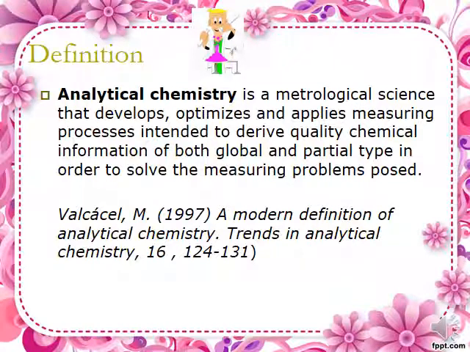So the definition of analytical chemistry by Valcarcel in 1997 is a metrological science that develops, optimizes, and applies measuring processes intended to derive quality chemical information of both global and partial type in order to solve the measuring problems posed. So what it means here is basically a metrological science.